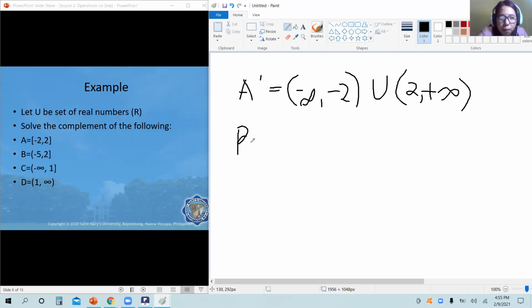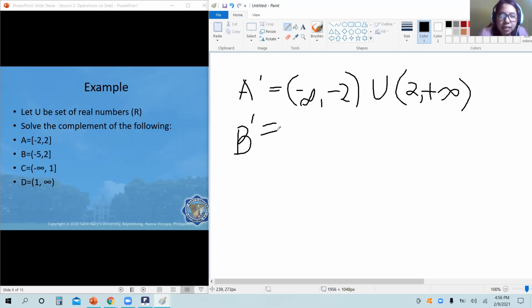How about for B complement? For the complement of B, we have here the values. In interval notation it is from negative 5 to 2, which means x is greater than negative 5 but less than or equal to 2. So what are the values of our universal set that are not contained in our set B?